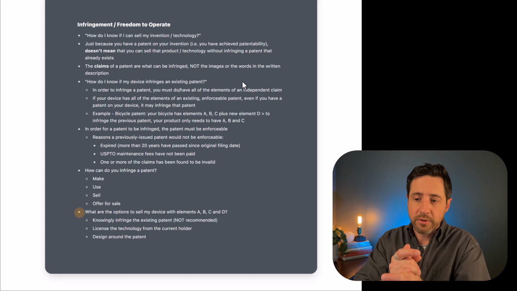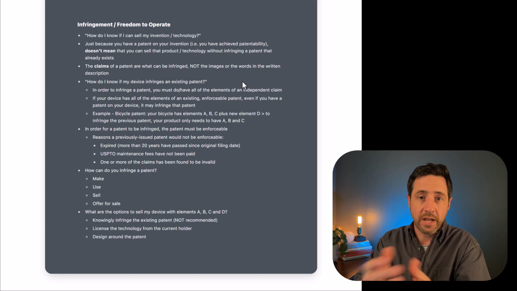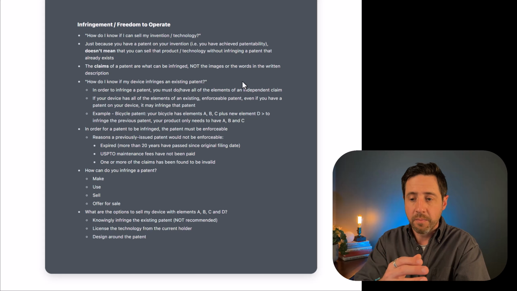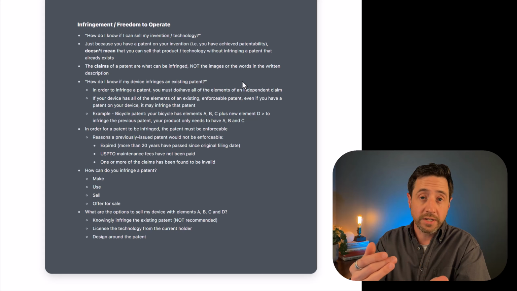So what are the options if you want to sell your device, your bicycle, and knowing that there's this patent out there that you might infringe? So the first thing I would say is that you need to be talking to a patent attorney, someone who specializes in intellectual property and patents. But the first option is that you could infringe the existing patent, and that is definitely not recommended.